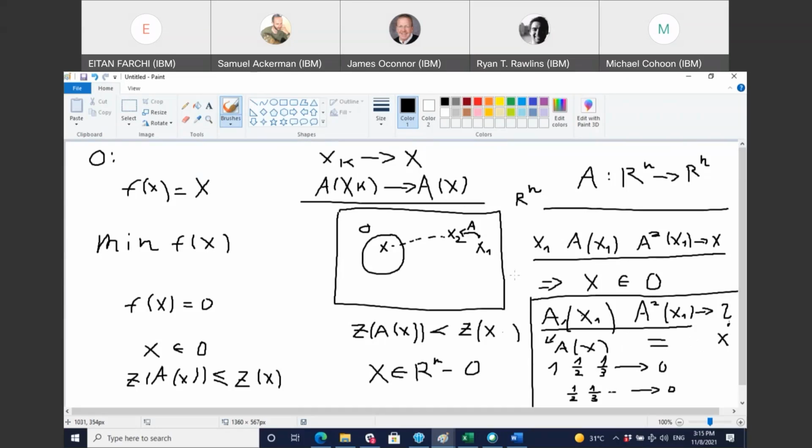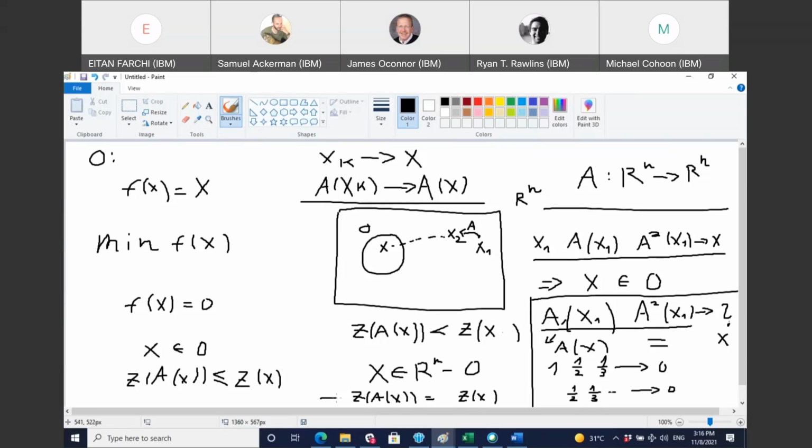Very nice. So if AX equals X, what do we know about ZX and ZAX? They are equal. So it means that it's in the optimal set.